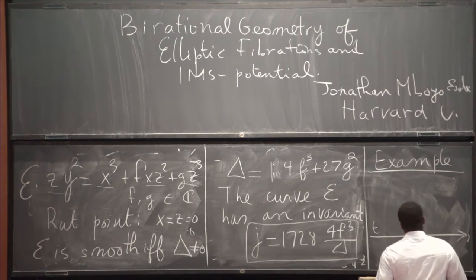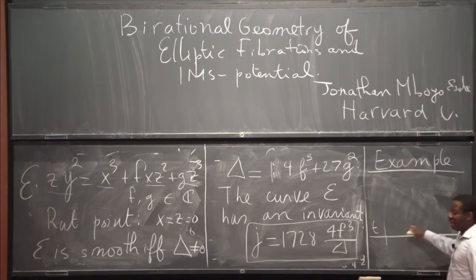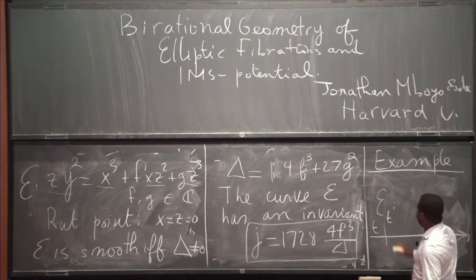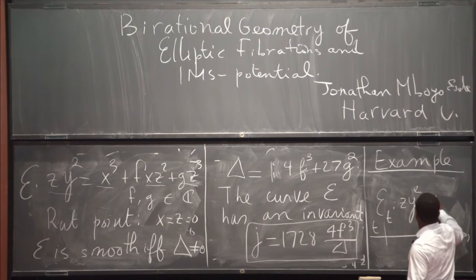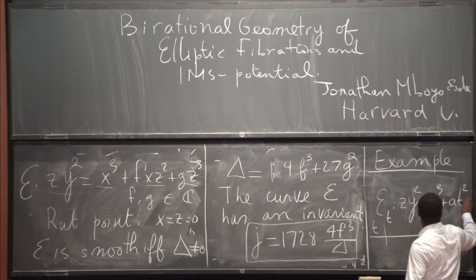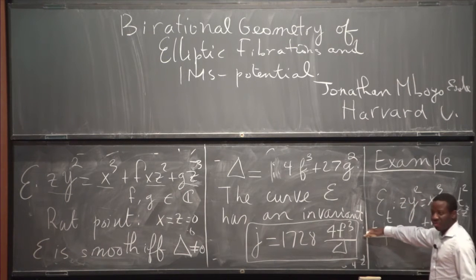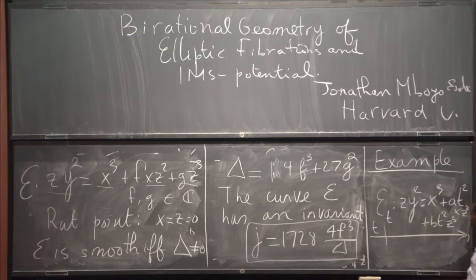For each point of that line, I want to put an elliptic curve that depends on t. The definition of the curve that I will use is the following. So this is my elliptic curve that moves: for every point of t, I have a different curve.